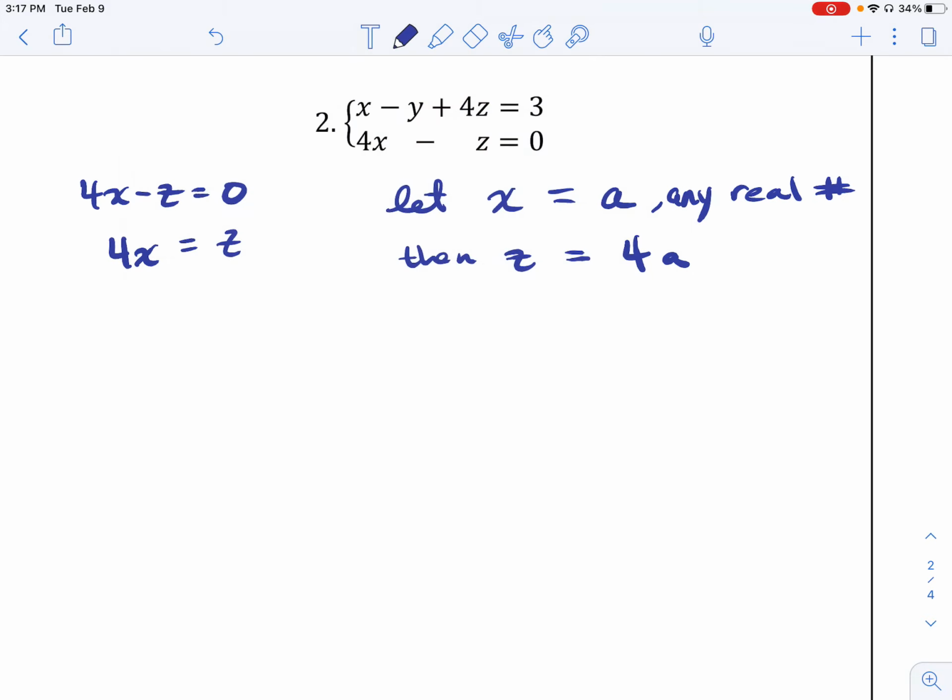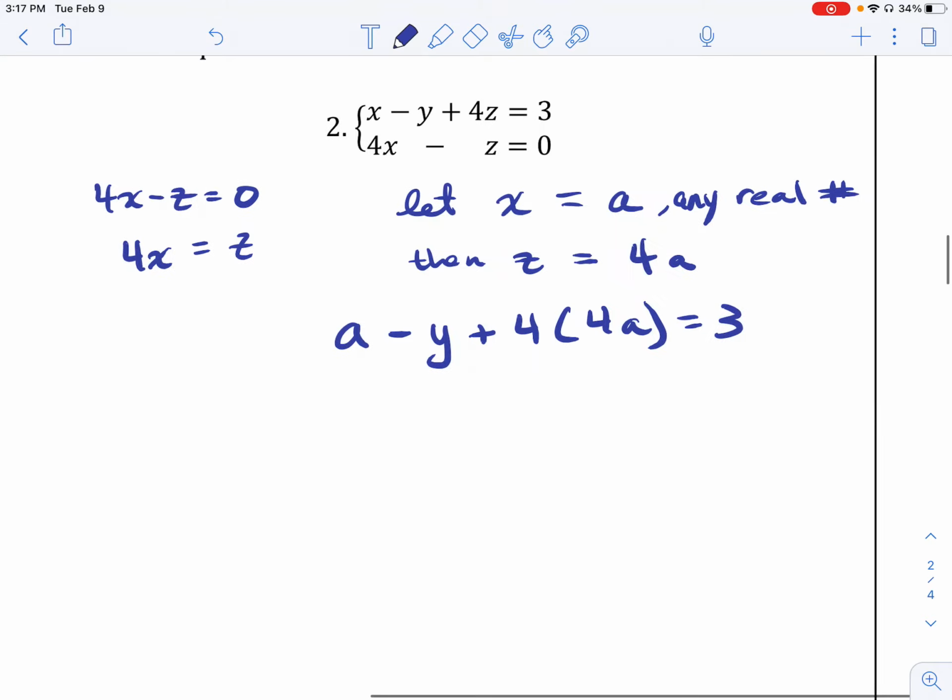So we know x is our independent variable. We're setting that equal to a. z is equal to 4a. So all we need to do now is solve for y. And we can say x minus y, well, excuse me, x we already know is a. So a minus y plus 4 times z, and z we just said was equal to 4a, that's equal to 3.